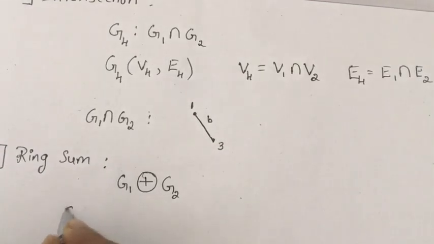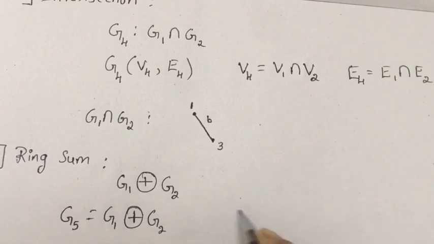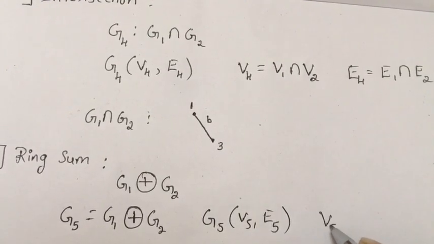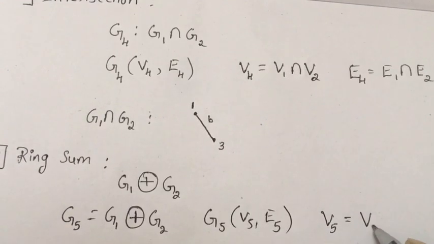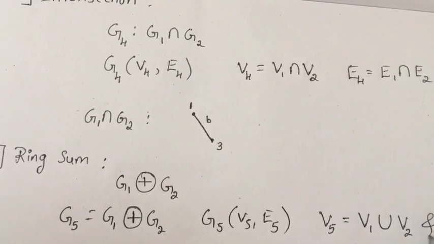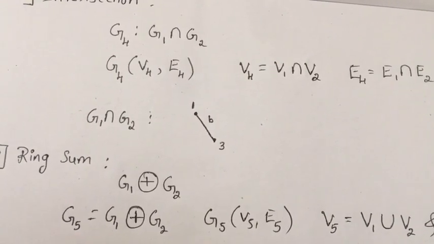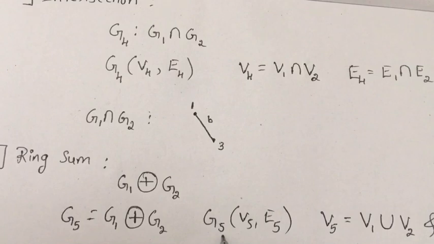Let me name this as G5, which is G1 Ringsum G2, which has a vertex set V5 and edge set E5, where V5 is the union of vertex sets V1 and V2, and E5 is the edge set of G5.